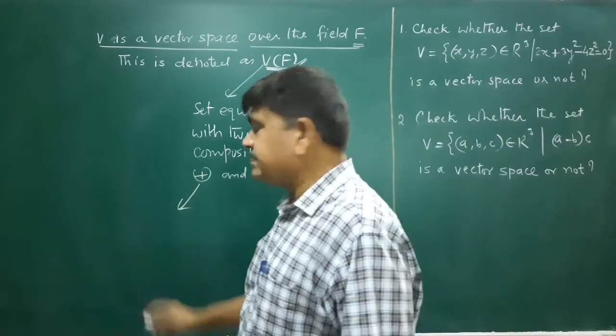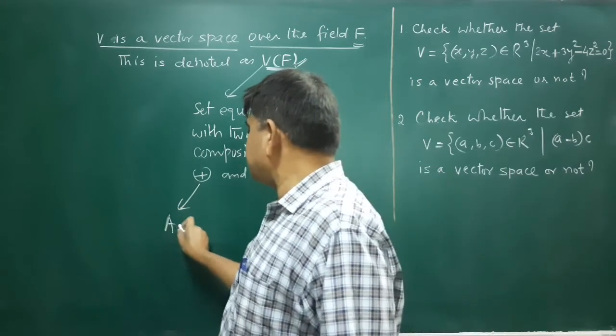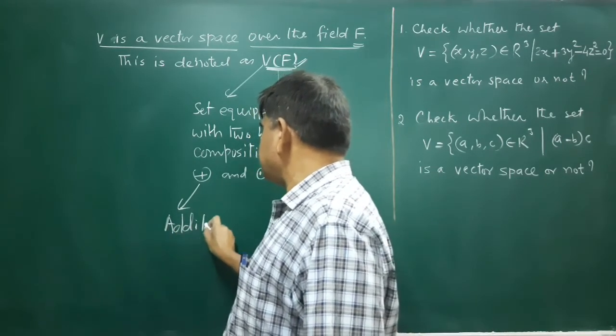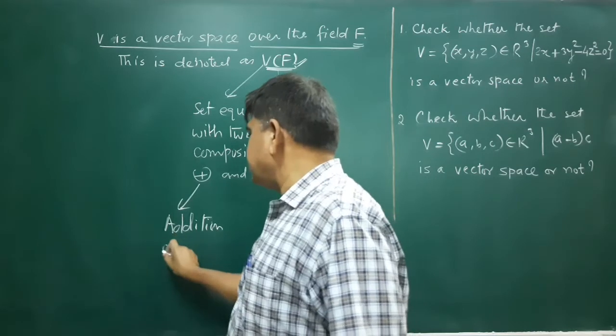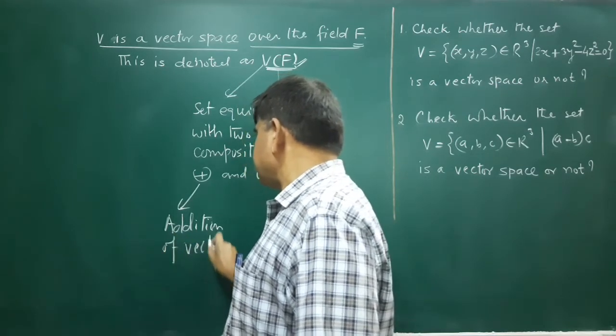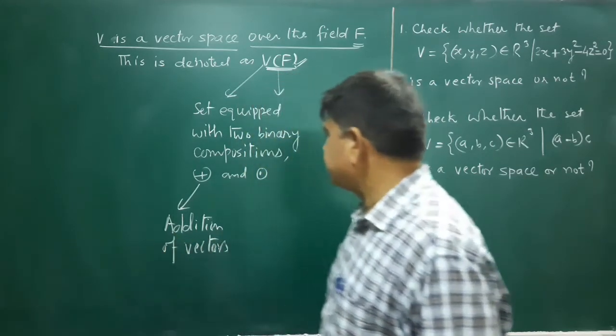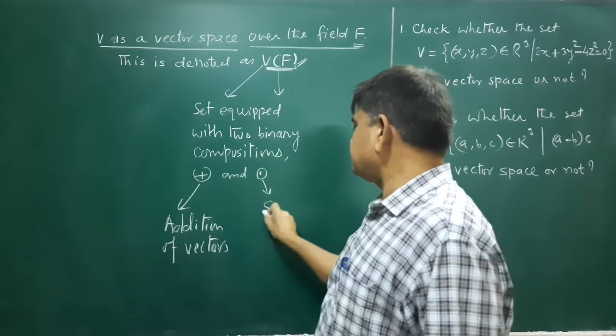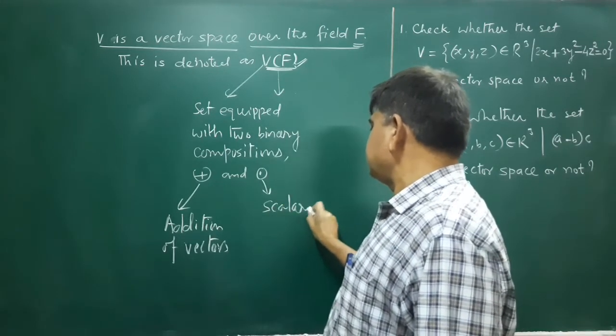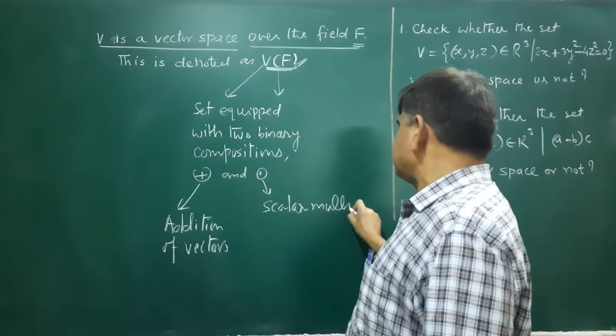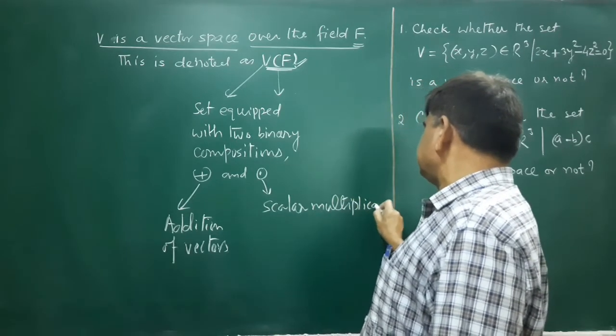What is this? Addition of vectors. This one is scalar multiplication.